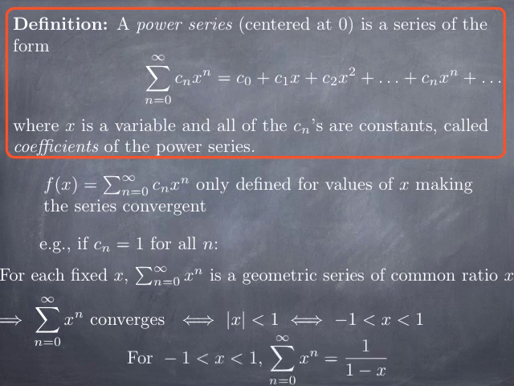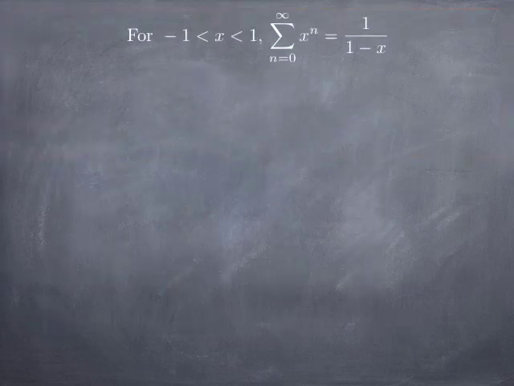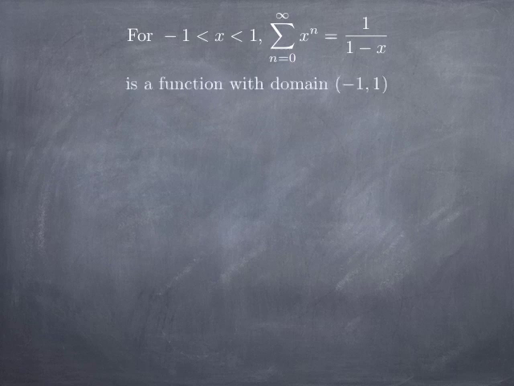And additionally, in that case, we know what the sum of the geometric series is. It is the first term, which in this case is x to the 0, which is 1, divided by 1 minus the common ratio, which is x. So we get that for x between -1 and 1, the sum of the series is 1 over 1 minus x. And that's a function with domain (-1, 1).